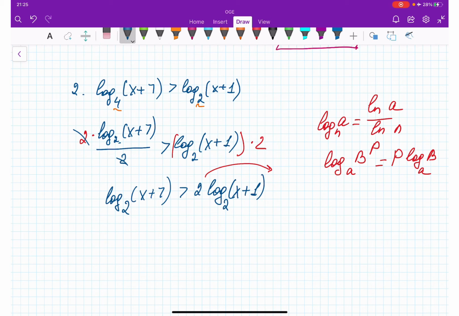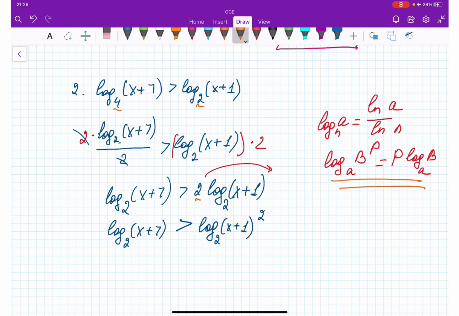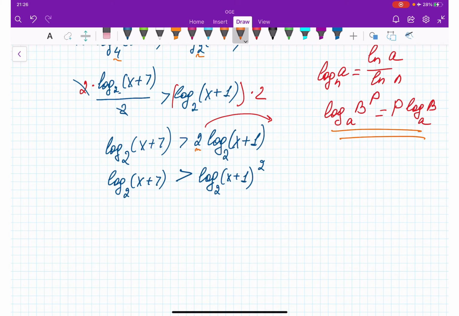So we have logarithm of x plus 7 by base 2 greater than logarithm of x plus 1 to power 2 by base 2. This 2 came to power 2 based on this formula. Okay?